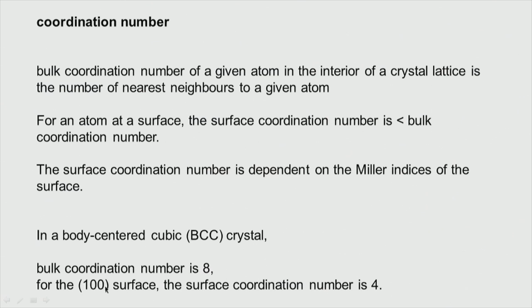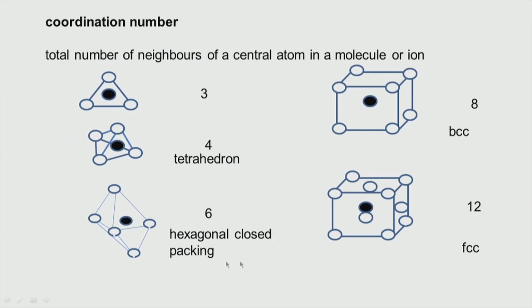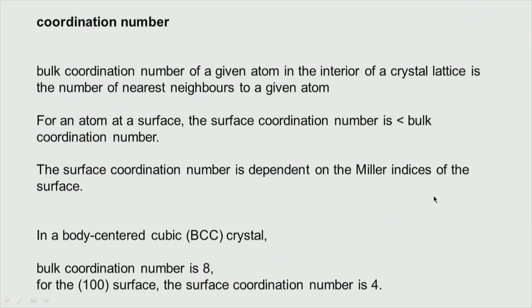Understand 100 means that in the y and z axis it is not cutting, only the x is cutting, it is parallel to y and z axis. So if you have x, y, z, this particular plane could be 100, it is cutting the x axis, but it is not cutting the y and z axis.